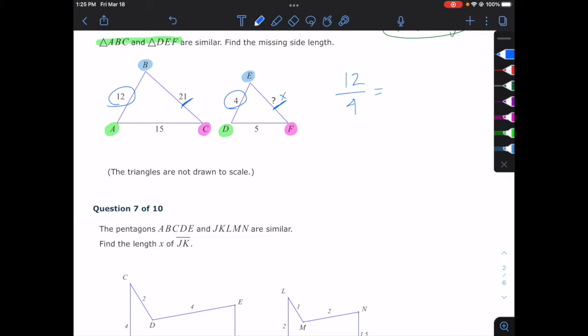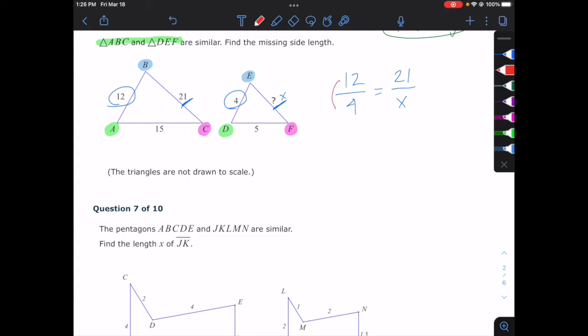Notice in the first ratio, 12 over 4, I used the left triangle, triangle ABC, on top. So I still have to use triangle ABC on top here. So I'm going to put 21 on top, and then put the X on the bottom. Because we did a lot in the first part of this video with cross product equations, why don't we do this one by scale factors, because this is easier.